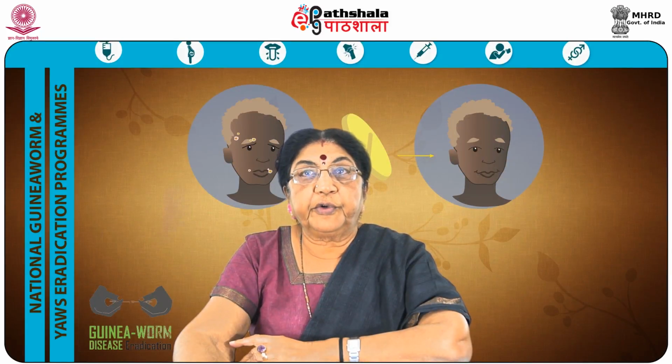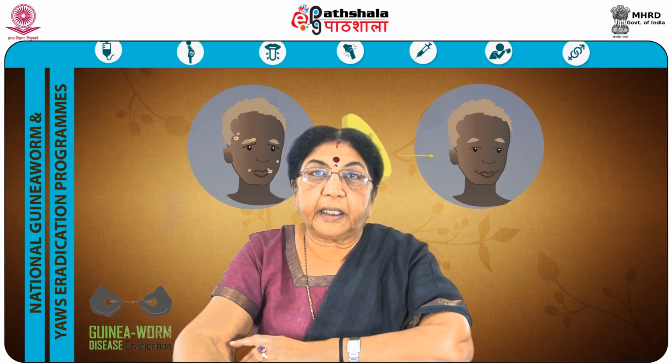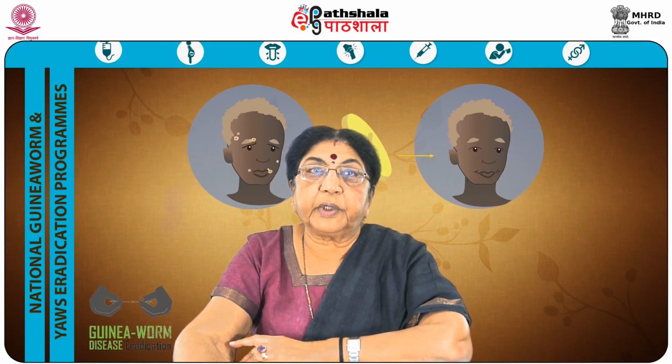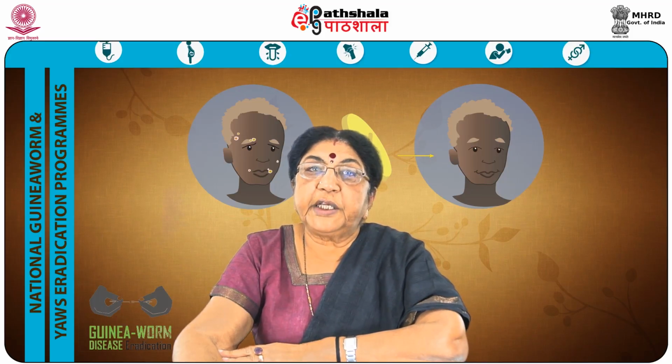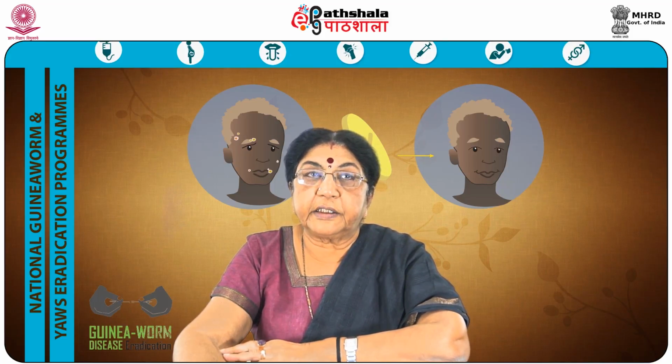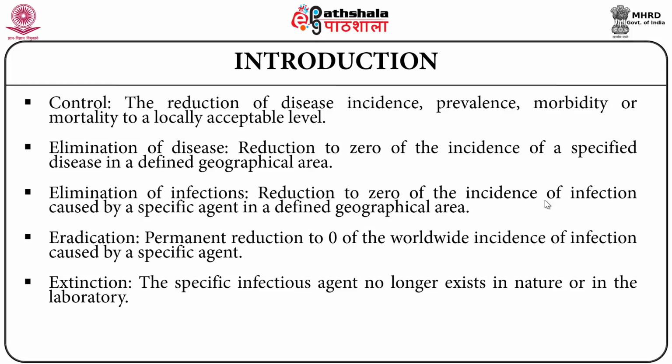But before introducing the topic of eradication of Yaws and Guinea worm, we need to consider certain definitions. For example, what is control? What is elimination of disease? What is elimination of infection, eradication, extinction? Control merely means that the reduction of the disease has come to a locally acceptable level.